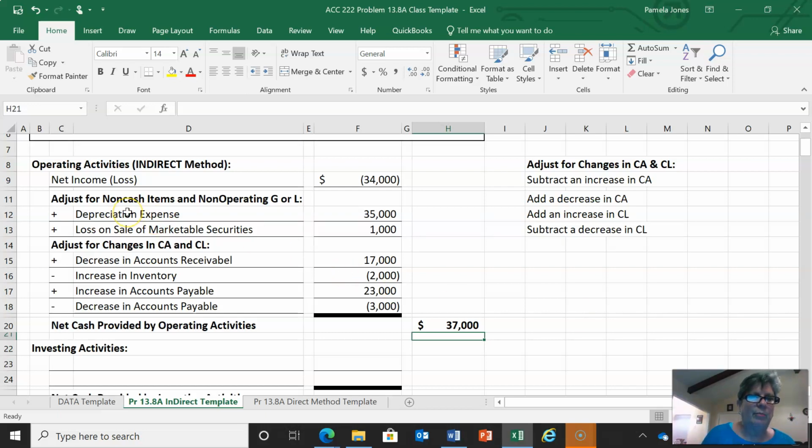And I've got to remember non-cash items like depreciation, and non-operating gains or losses are adjusted for. So that's only 6 things I've really got to remember. So it's much easier for me to do the indirect method than to do the direct method. All right, so next we'll take a look at investing and financing activities.